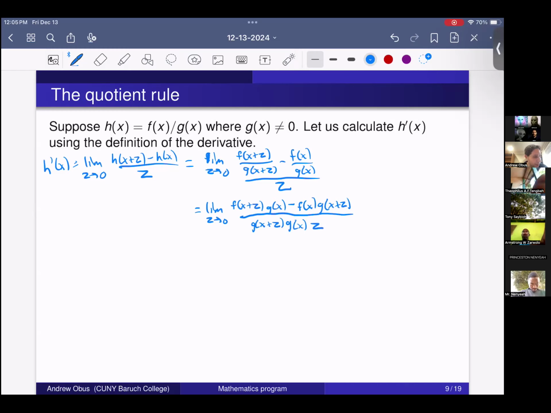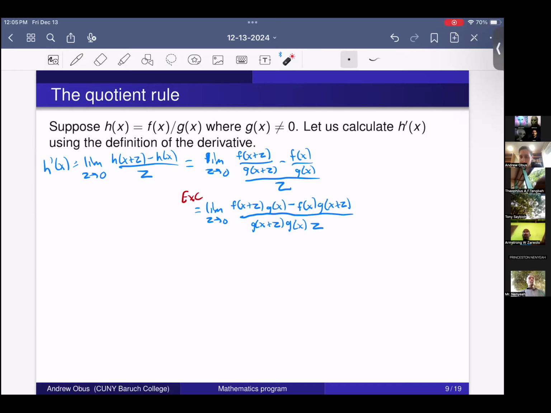I'm going to leave this as an exercise to show that this algebraic expression simplifies to this expression over here. You have to get a common denominator here and then make it into a simple fraction.